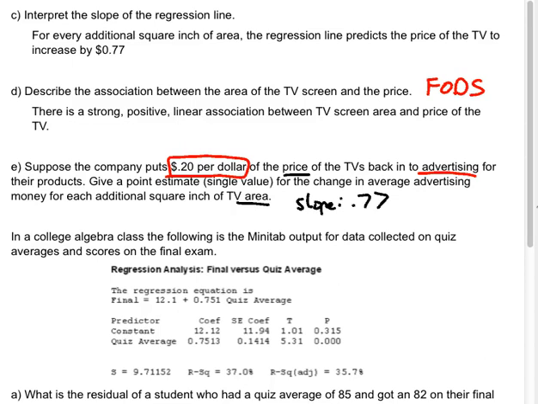So if we need a single value to make a prediction relating TV area to this advertising, that would just be the 77 cents, and then 20 cents of that is going into the advertising. So 0.77 times 0.2. We're talking a little over 15 cents. So for every inch of TV screen, about 15 cents is going into advertising for those TVs.